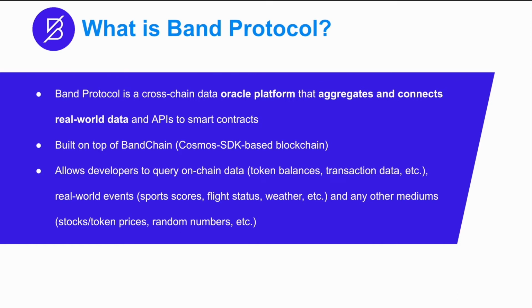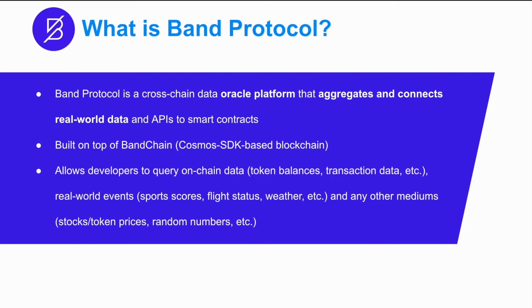It means that you can get prices from different chains or smart contracts, connected together via APIs. There are a lot of functionalities via Band protocol, not only for prices, but also for sports scores, flight statuses, and weather information. So a lot of cool stuff, available via one protocol called Band.